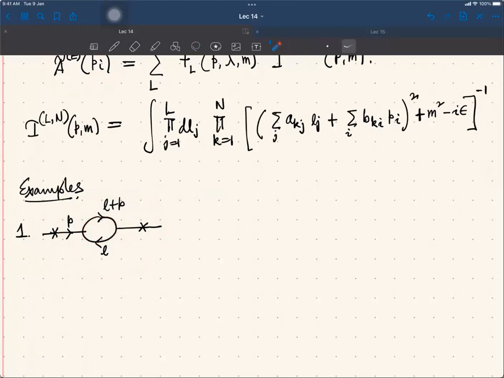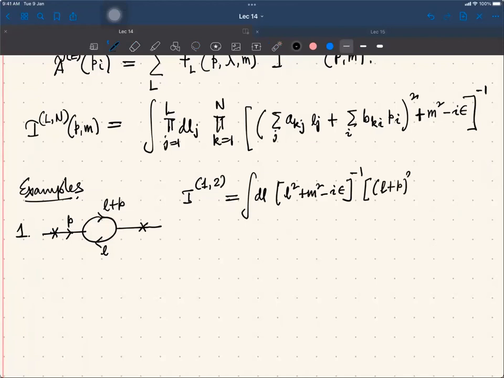In this case you have I of 1, 2, because it is a one loop, and there are two internal lines. That is given by the integral dl, and then you write two propagators corresponding to this line and this line. So that will be L square plus m square minus i epsilon, inverse, times L plus P whole square plus m square minus i epsilon, inverse.